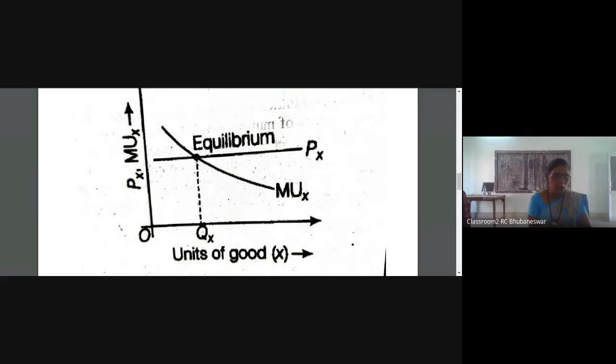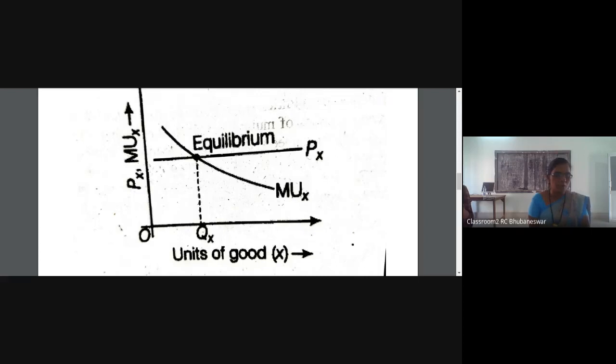This means the consumer consumes the level of the commodity where the marginal utility of that good is equal to the utility of the price paid for that unit.